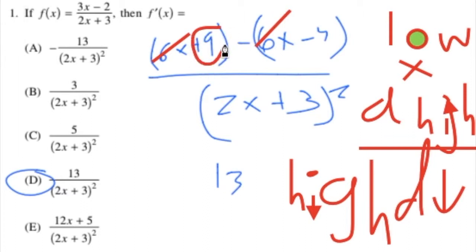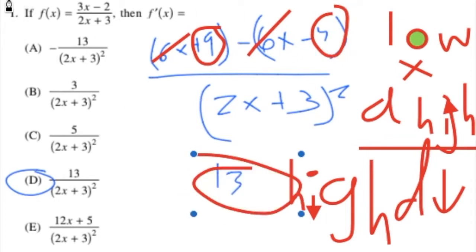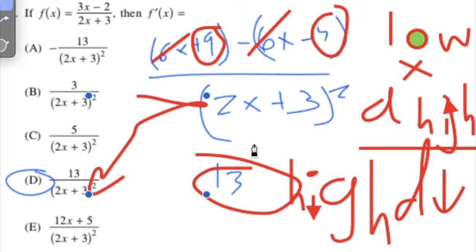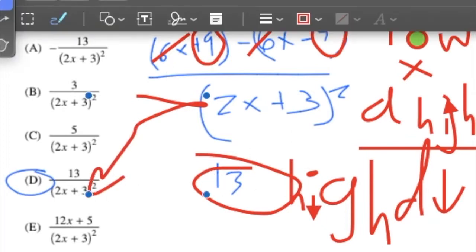So the answer would be D. A is usually there to trick people up just because you got some negative symbols on the top that many people forget about, but this is a pretty easy question overall.